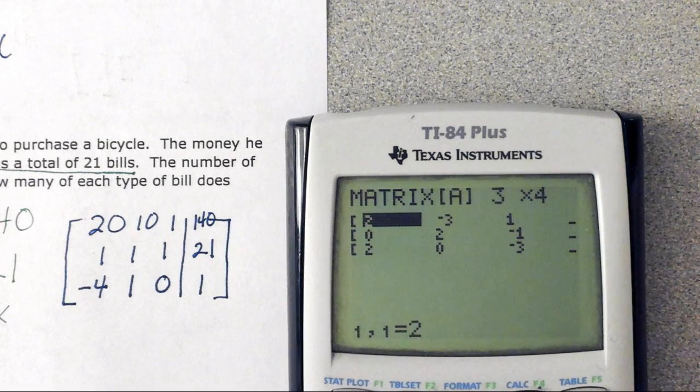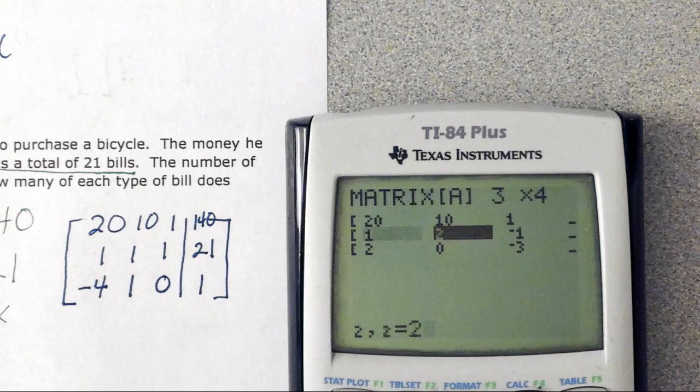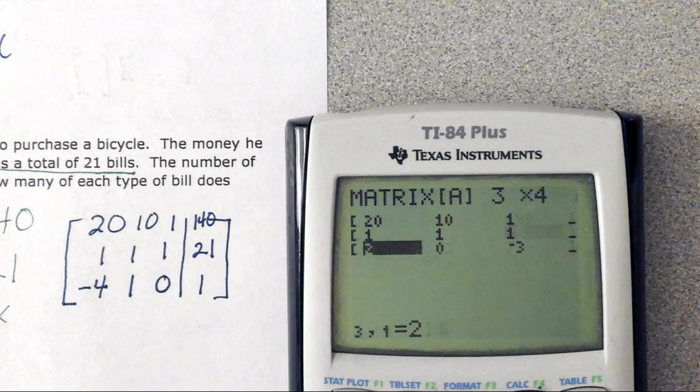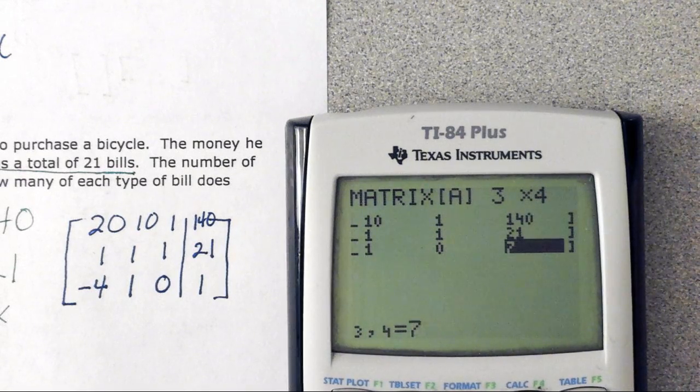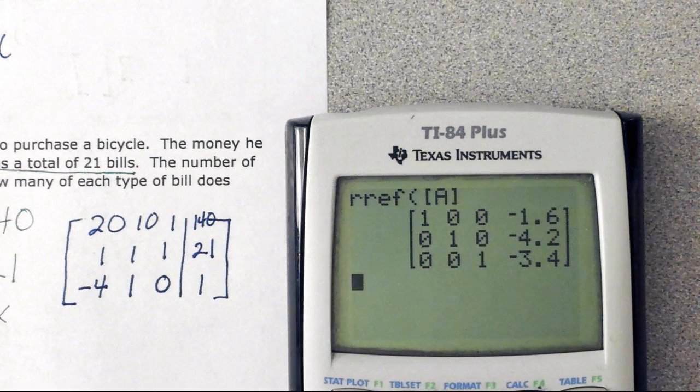We just need to type in our entries. Go back to our regular screen, and now we're ready to calculate.